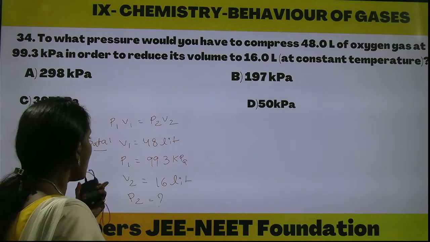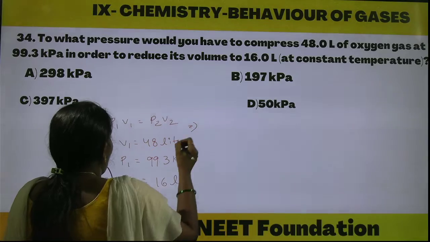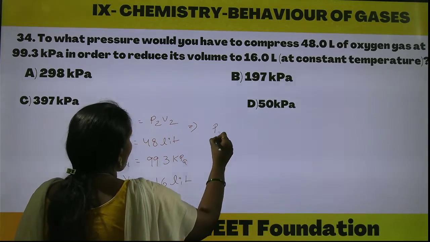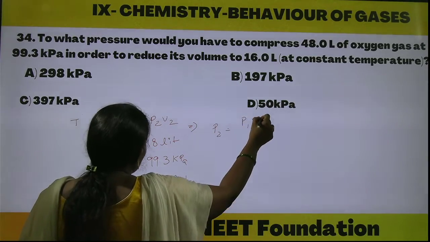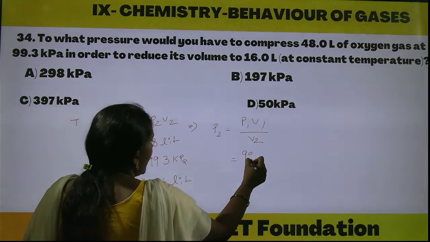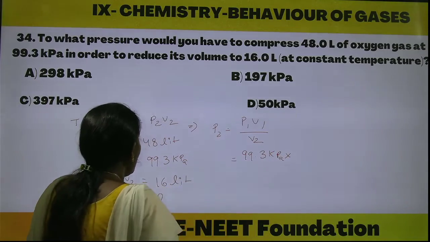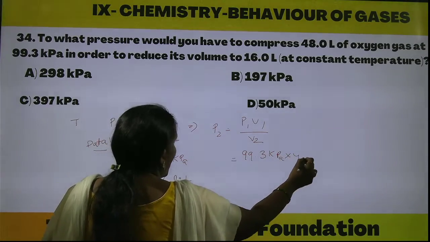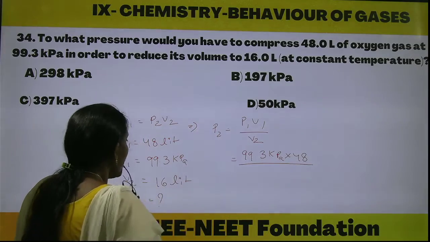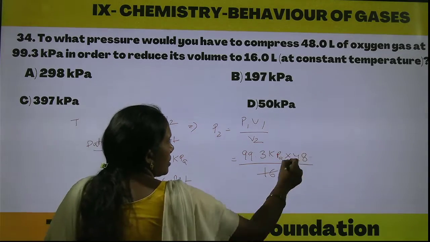So let's substitute all the values in the formula. P2 equal to P1 V1 by V2. P1 is 99.3 kilopascals, V1 is 48, V2 is 16 liters. Obviously 16 threes are 48.